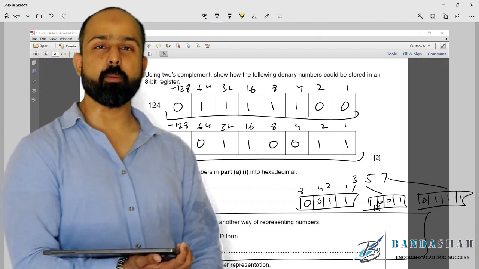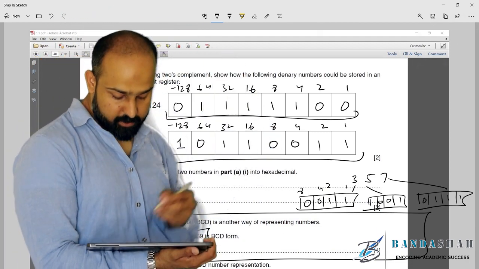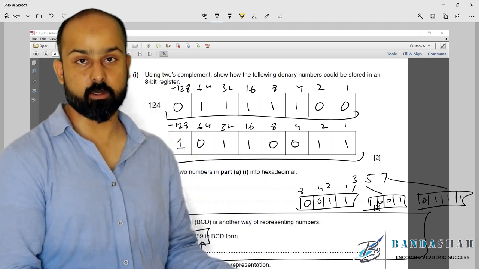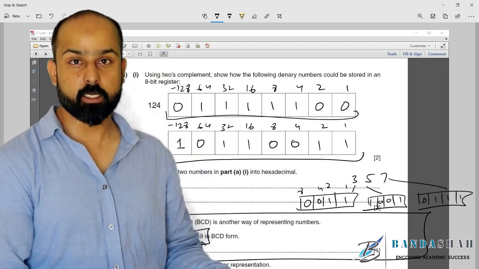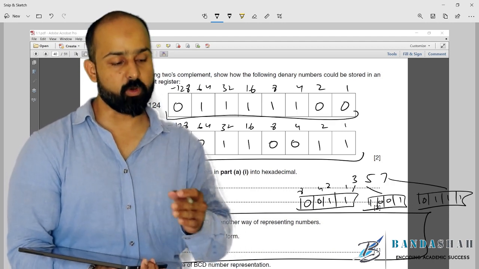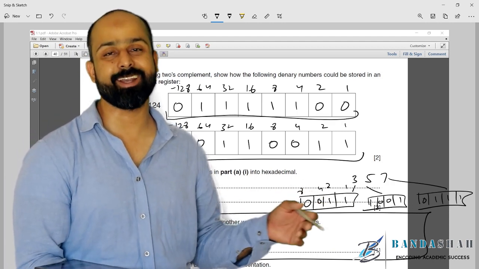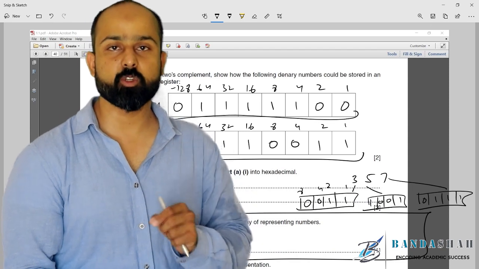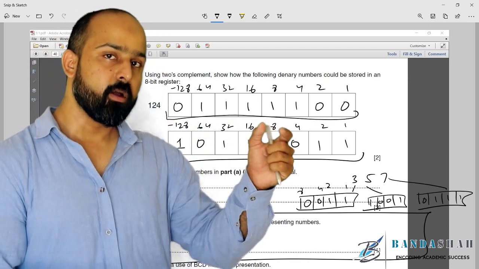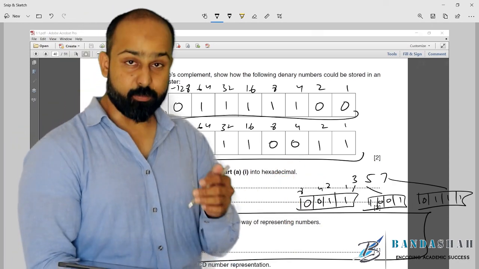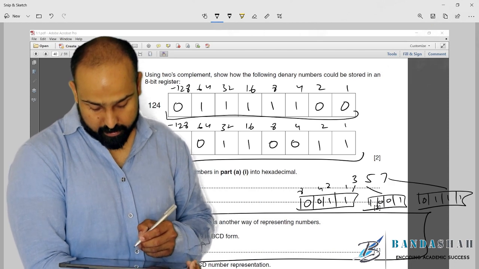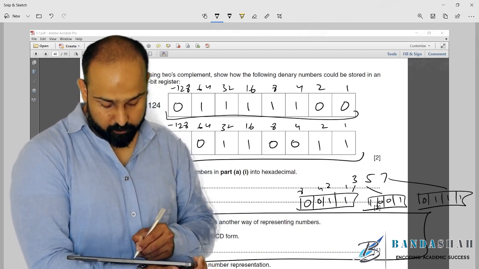So the maximum number that you can represent in BCD is 9. You cannot go above 9 because 10 cannot be represented. In binary coded decimal, the numbers are 0, 1, 2, 3, 4, 5, 6, 7, 8, 9. You do not take care of it like when converting a decimal value into binary. This is BCD: you give every number 4 bits. For example, write the number 359 in BCD form.